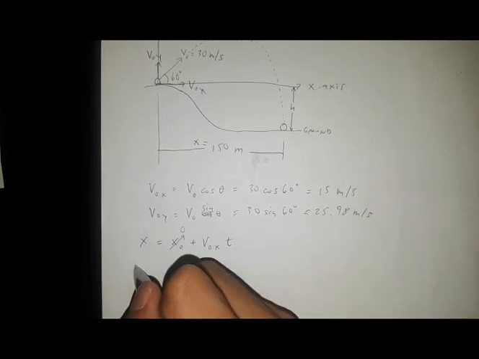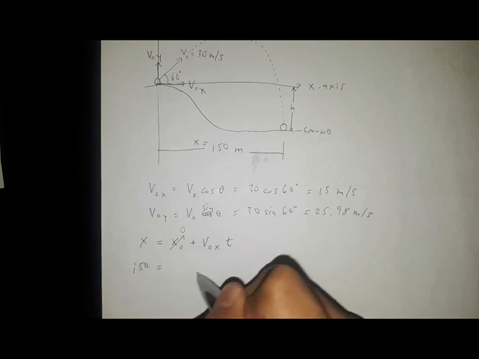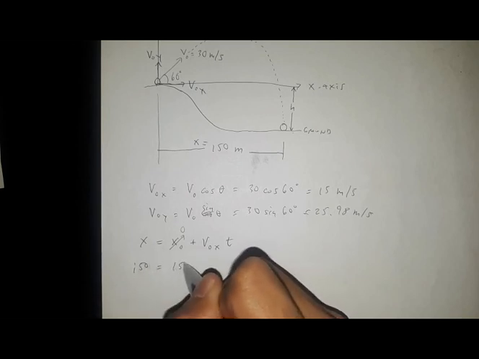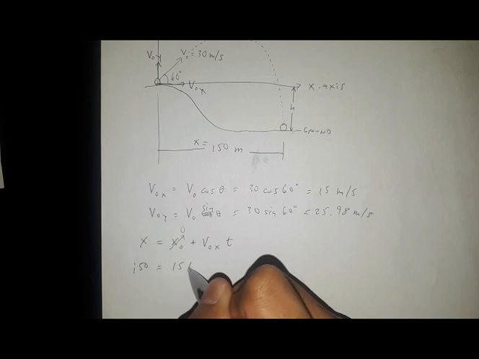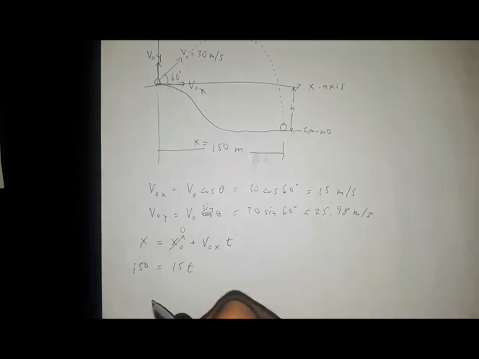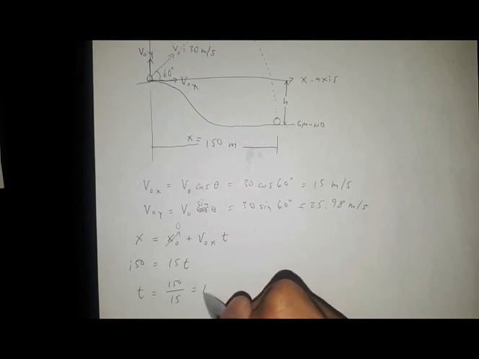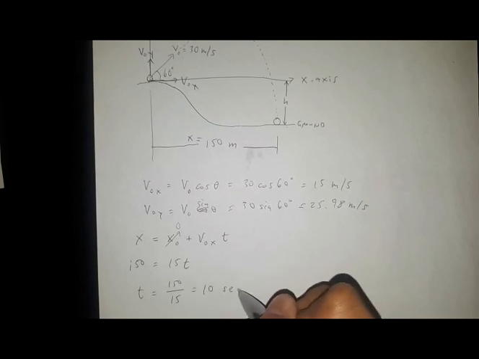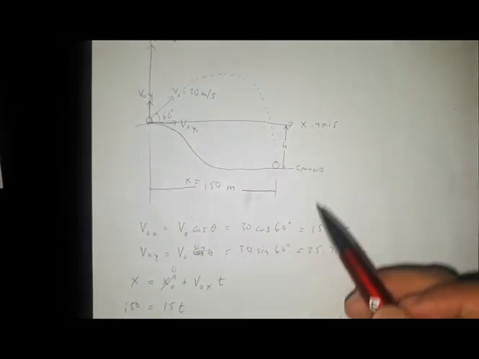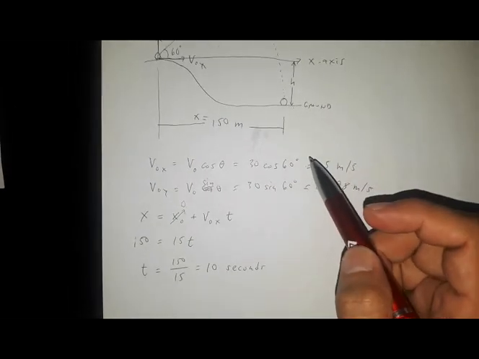So we have x of 150 equals 15 multiplied by time. So t is equal to 150 over 15 equals 10 seconds. So the time of flight took 10 seconds.